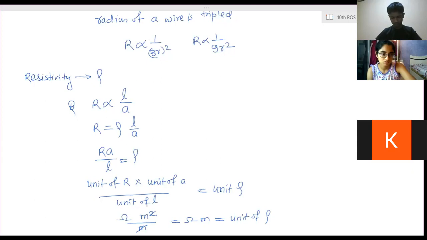Okay. Then these are the three reasons. Give-reason questions they can ask. And always remember that alloys generally have low melting point, but the alloys which are used in heating devices, only those have high melting point.